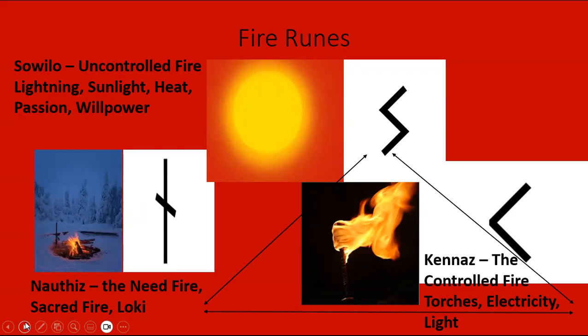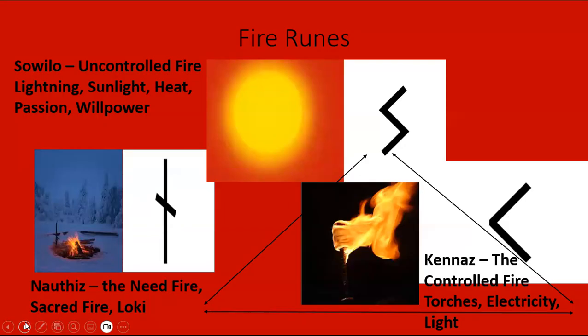Kenaz, by contrast, is the controlled fire. It's sometimes translated as the torch. Think about a flashlight, or a light bulb. It's an internal fire of knowledge, intellect, and illumination, of sudden understanding. It's fire that we can hold and grasp, whether metaphorically or literally, and it's fire that does a job for us.